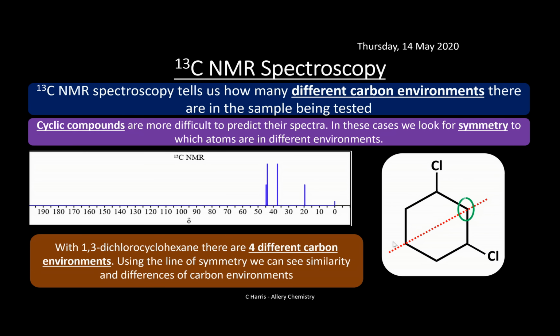So you can see there's the first one. It's a single carbon on its own, but if you look left and right, we've got a carbon with a chlorine and a carbon with a chlorine, and then we've got carbon hydrogen, and carbon hydrogen. So that one's quite unique because it's sandwiched between these 2 C-Cl bonds.